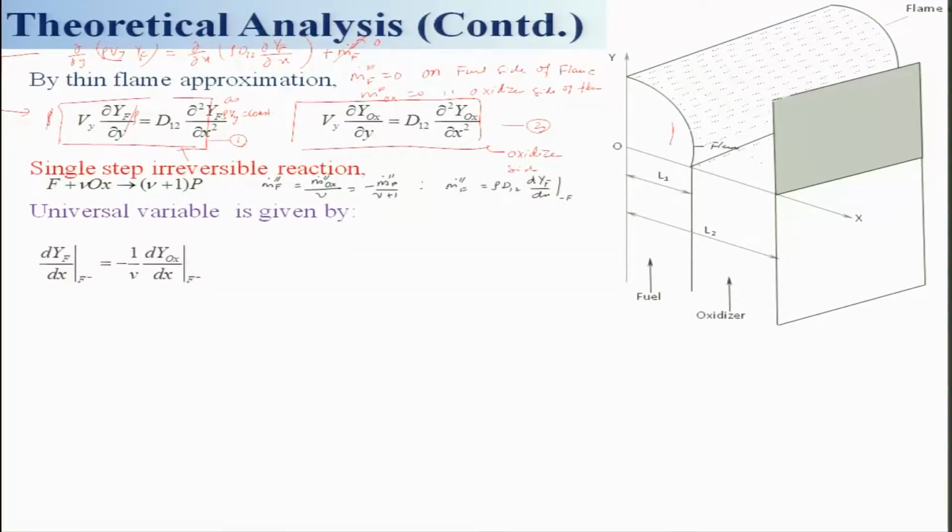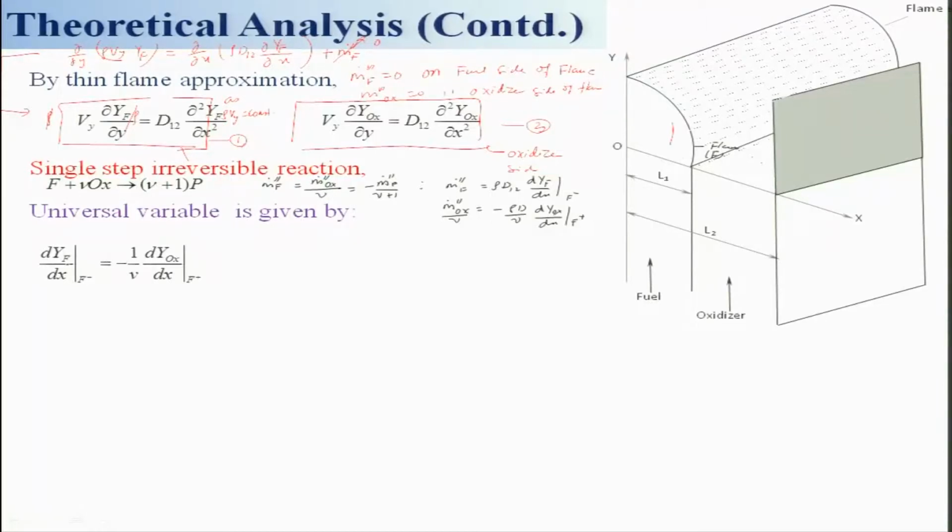The oxidizer flux by ν is nothing but ρ D by ν dY_ox/dx, of course, on the positive side, and this is the negative side here. This is the flame surface F, coming from the negative side, and this is the positive side.